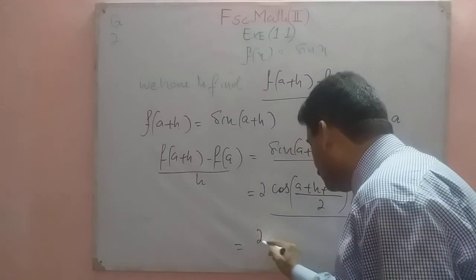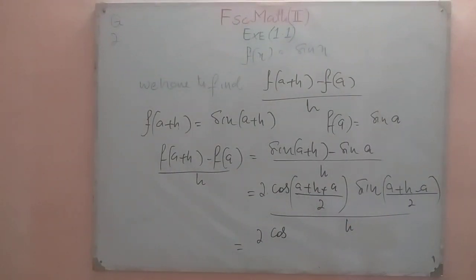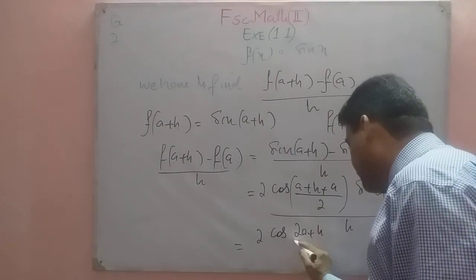We will get 2 cos of (a plus a makes 2a, plus h)/2.